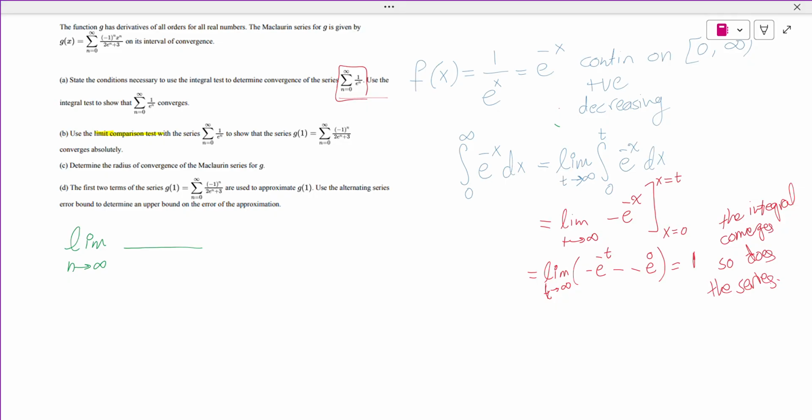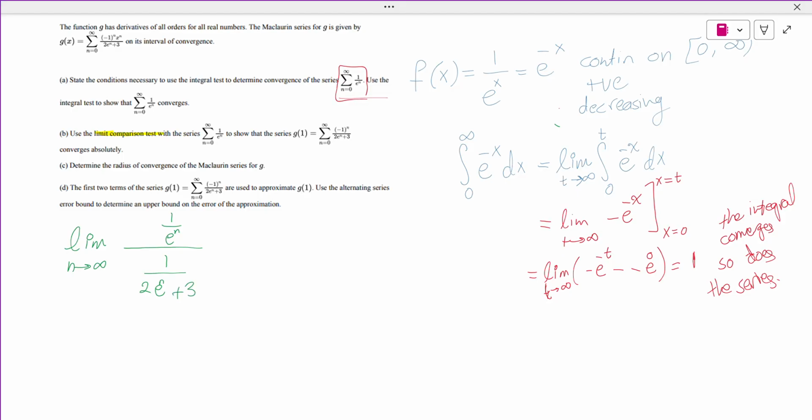You have to find the ratio of the first one over the second one, or the second one over the first one. So let's go for 1 over e to the power of n, all over 1 over 2e to the power of n plus 3.